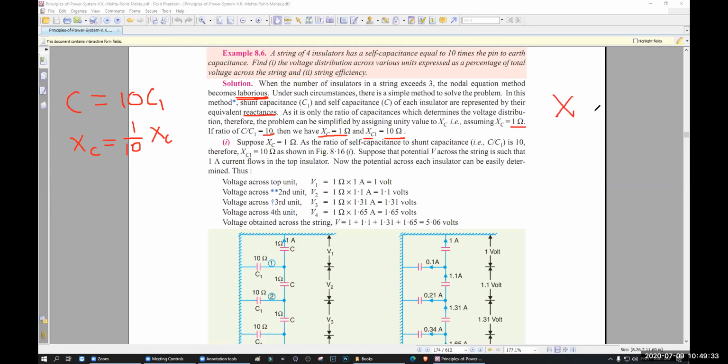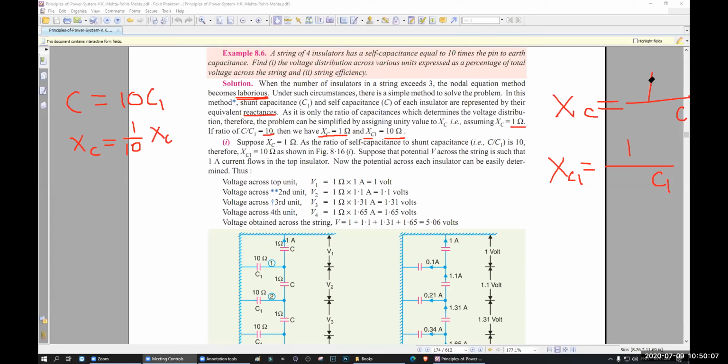Because your XC formula is 1 divided by 2 pi F C. So what about your XC1? XC1 formula will be 1 divided by 2 pi F C1. Understood? So that is the formula. Now here 2 pi F is common, so we are going to delete all those. 1 over C, 1 over C1.